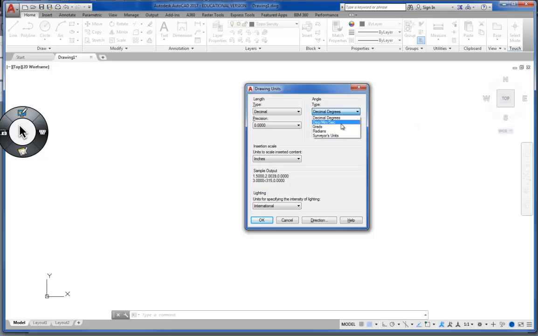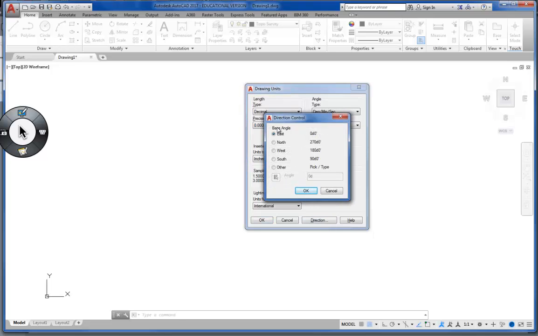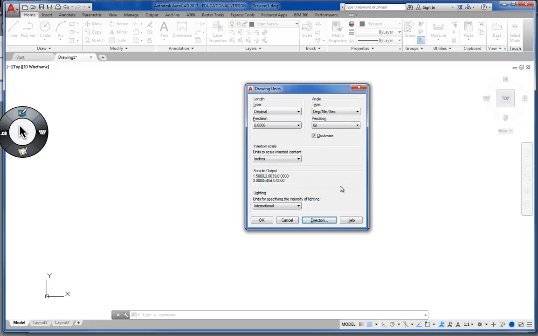And I want degrees, minutes, seconds, because that's what we're doing it in. So I'm going to change it to degrees, minutes, seconds, with 0 degrees clockwise. Direction, my base angle is going to be north. So my base angle, my straight line, is north. That's how we start in azimuths. Does that make sense? We're not east, we're north. So I say okay.